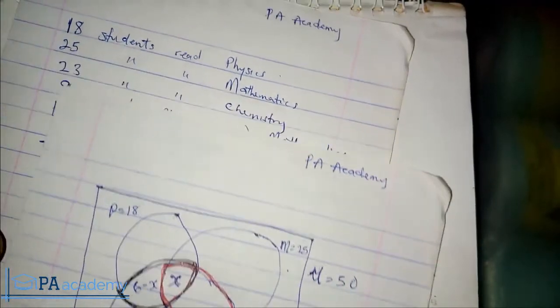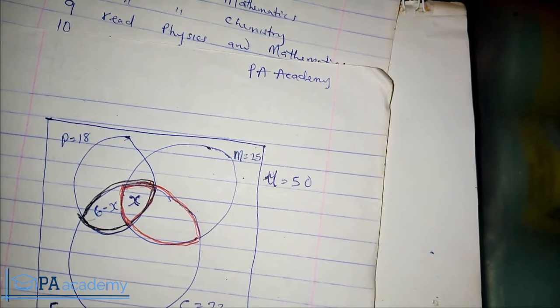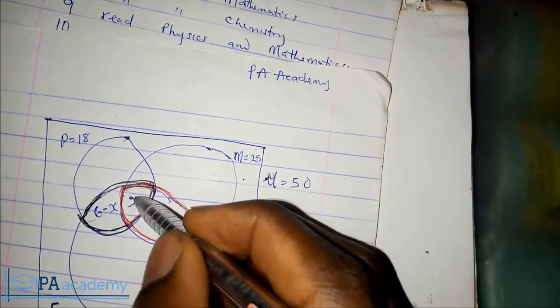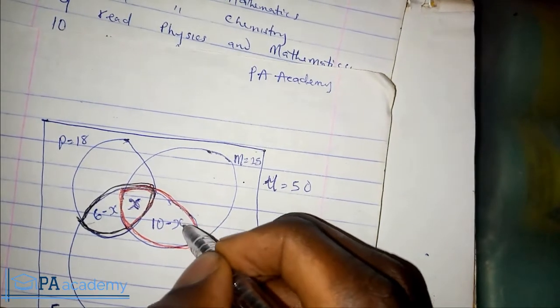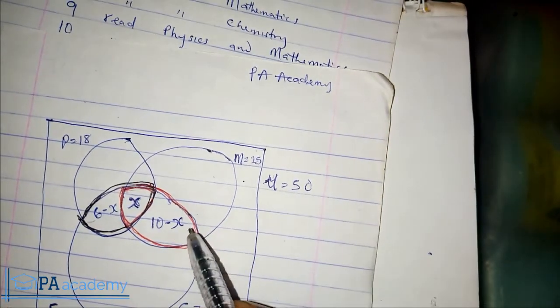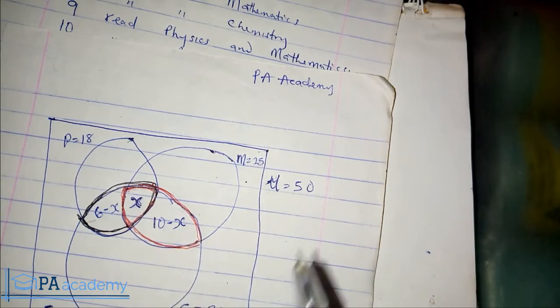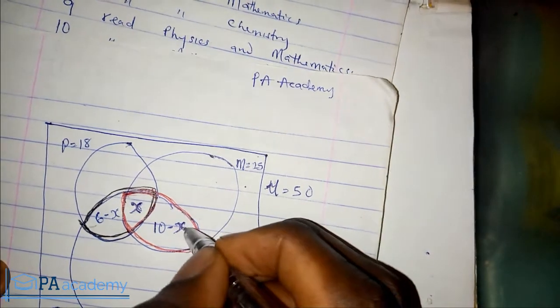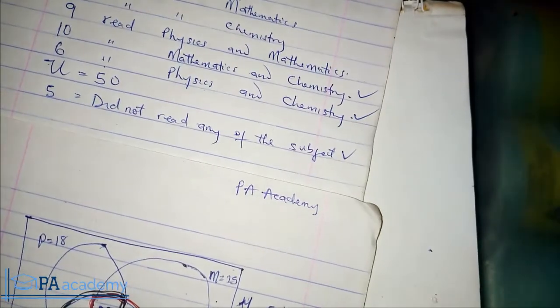And the question says there are 10. So out of that 10, we already have X here. So what we are going to have is 10 minus X. The reason we are using X is that we are yet to know the value of those that read all the 3 subjects. So that's why we are still representing this with X. So this has been answered.